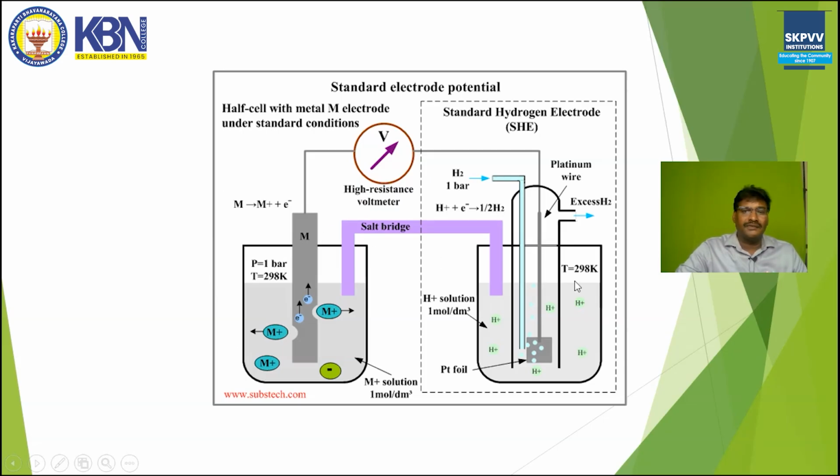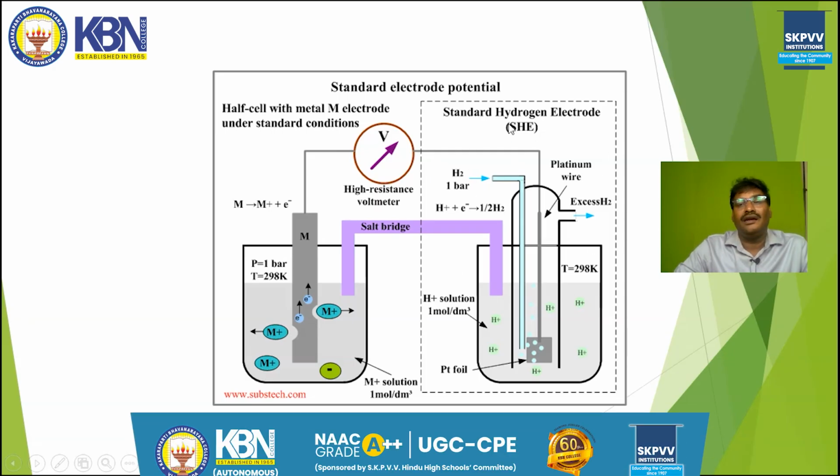This is connected with one reference electrode to complete the cell. We connect a standard hydrogen electrode, and the electrode potential of any single electrode can be measured by connecting with a standard reference electrode.